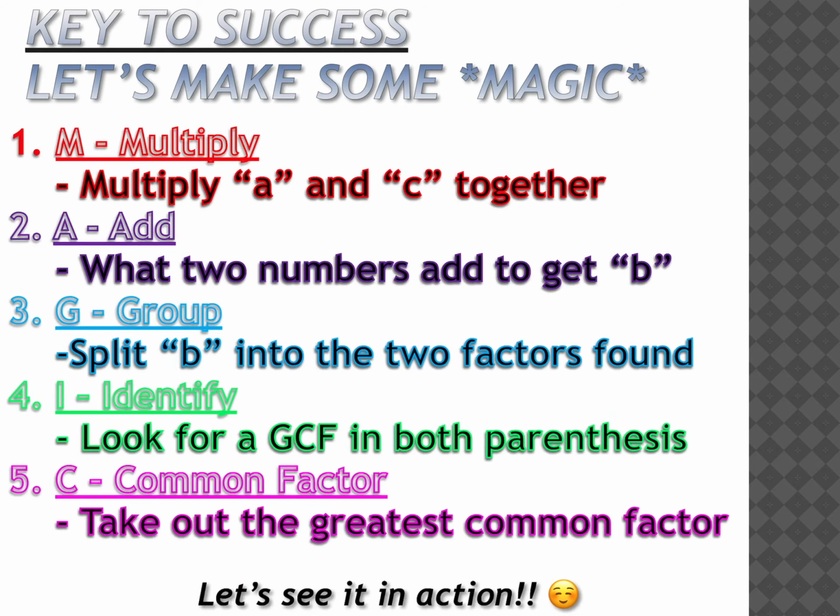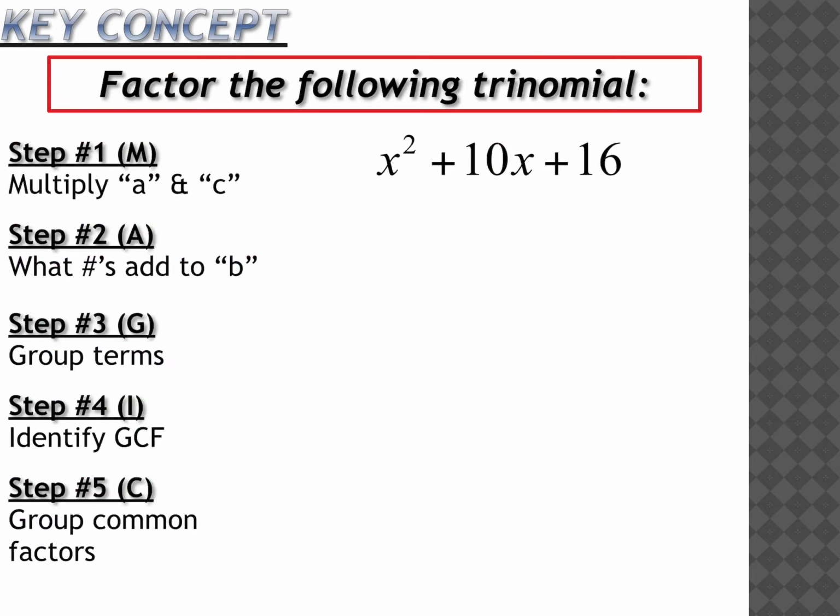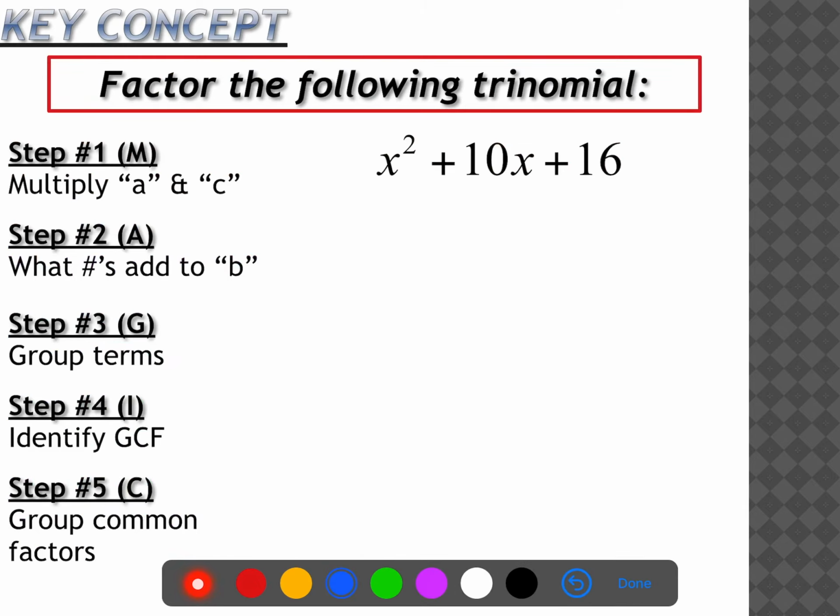Okay, so let's take a look at some examples now. One of the reasons that the alternate name I use for this is big X is because I use an X to organize the information for my problem.